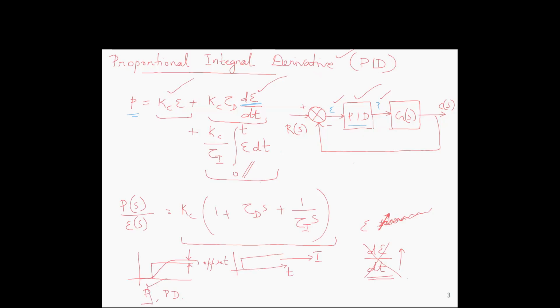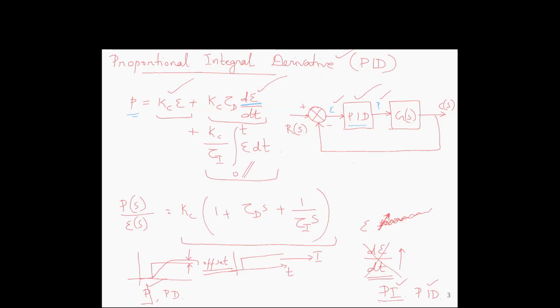And if no offset is tolerable, if offset is to be avoided at any cost, then we go to the proportional integral controller or proportional integral derivative controller. This integral action will help us eliminate that offset.